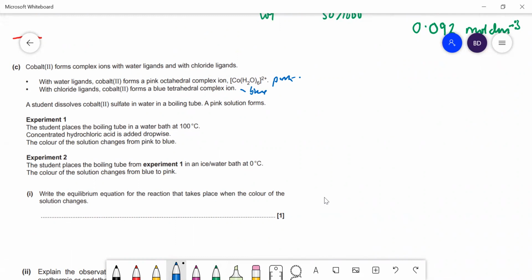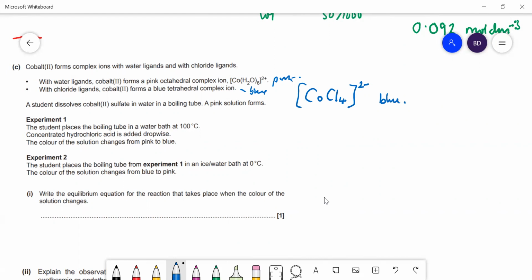I'll just draw the formula of the chloride. When you've got chloride ligands, you get 4, tetrahedral. Remember, the chloride ligands are too big to fit 6 around. That's why you only get 4. And the charge on that's going to be 2 minus, because the cobalt's 2 plus, and each chloride is minus 1. There's 4 of them. So that's the blue species that we've got.